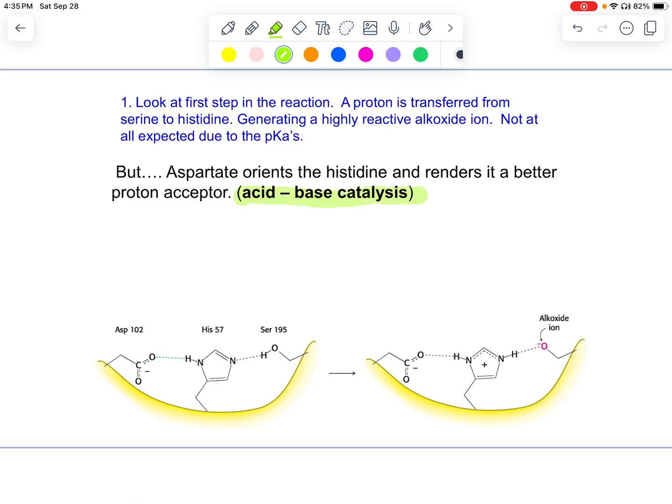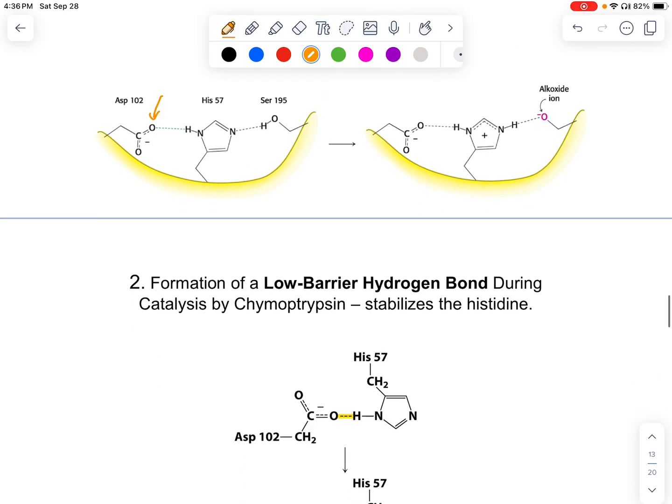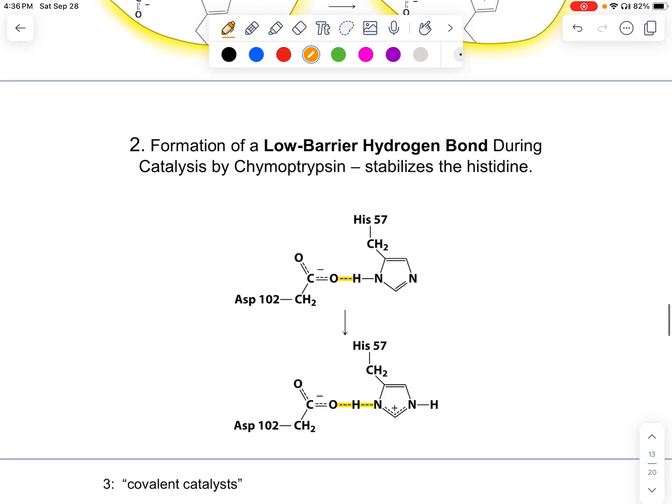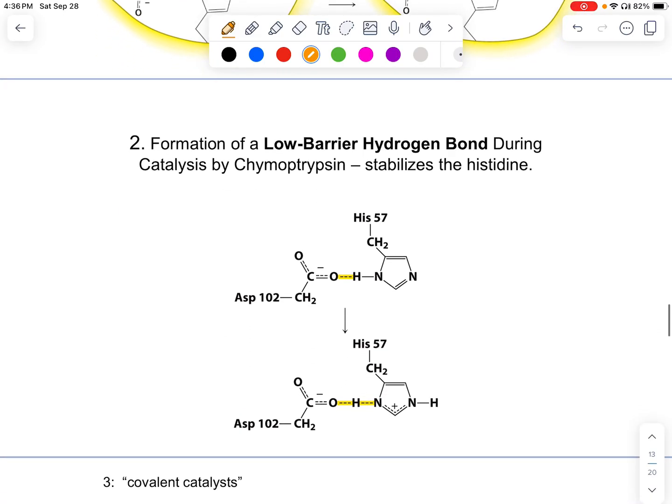That aspartate oxygen right here stabilizes the histidine such that now histidine can act as a base and accept that proton. So we have an example of acid-base catalysis. And again, that was made possible by that hydrogen bonding.